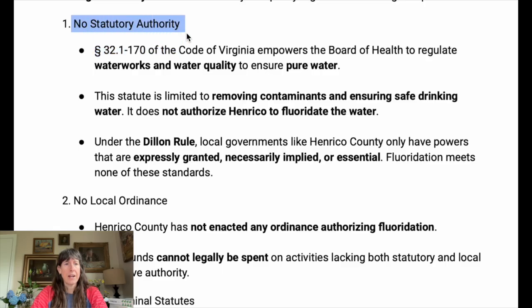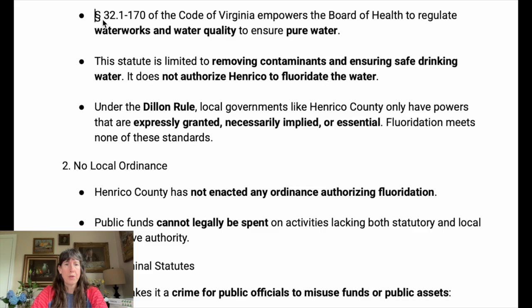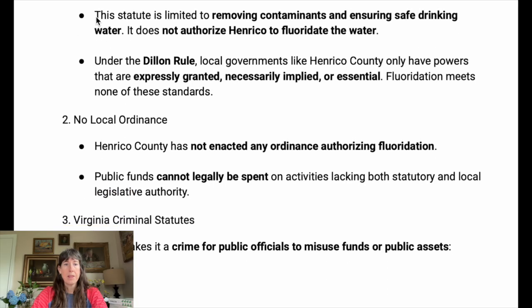All right, number one, no statutory authority. 32.1-170 of the Code of Virginia empowers the Board of Health to regulate waterworks and water quality to ensure pure water. This statute is limited to removing contaminants and ensuring safe drinking water.